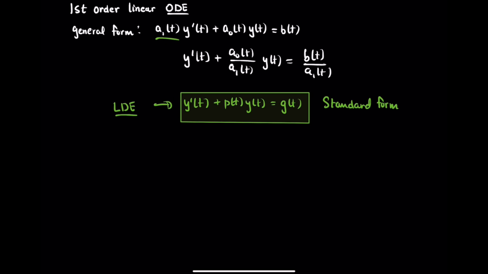Okay. So with that out of the way, now let's show you how to get the solution of a linear differential equation. So how to get the solution y(t). All right, that's the question.